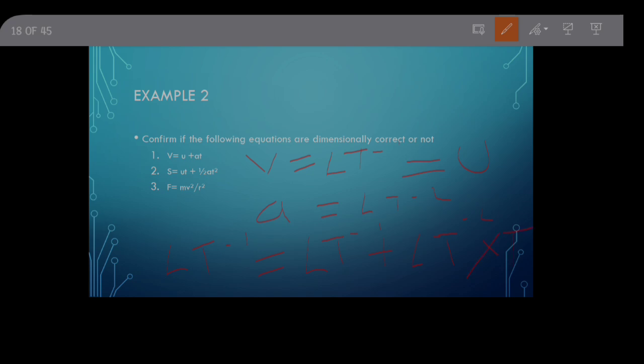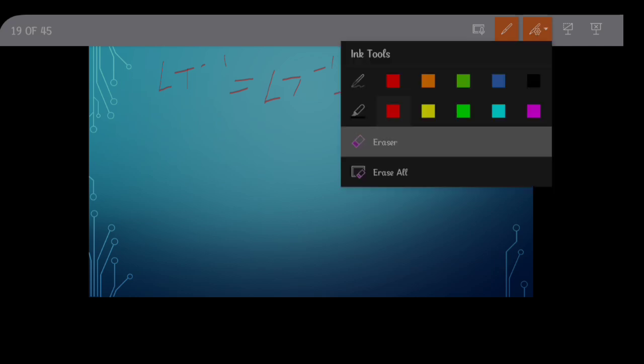T multiplied by LT raised to power minus 2 will give us LT raised to power minus 1. Therefore, we have LT raised to power minus 1 is equal to LT raised to power minus 1 plus LT raised to power minus 1.